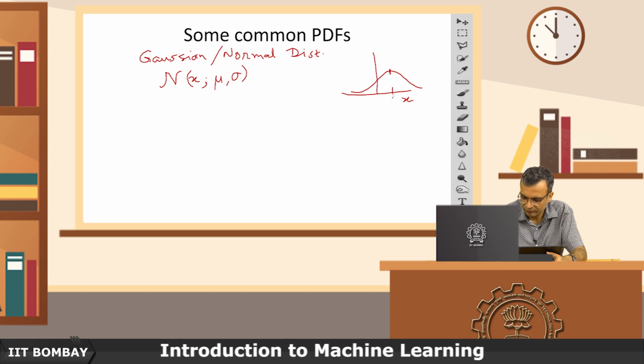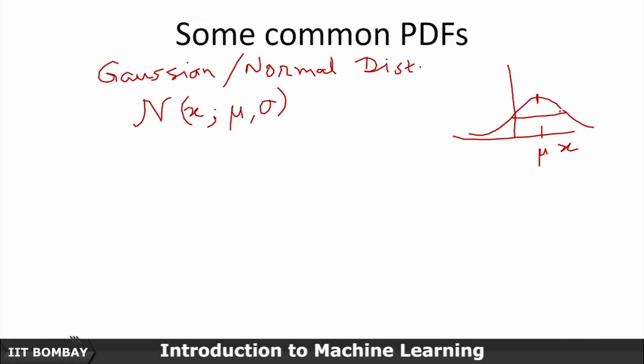The tip of that bell will be at mu, and a measure of its spread would be sigma. The formula for this is 1 by the square root of 2 pi sigma square, e to the power minus x minus mu whole square divided by 2 sigma square.